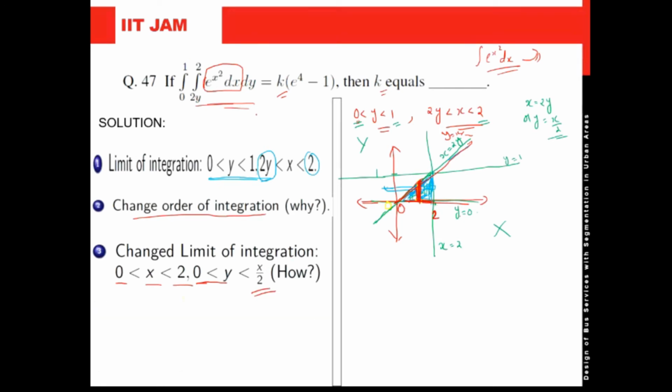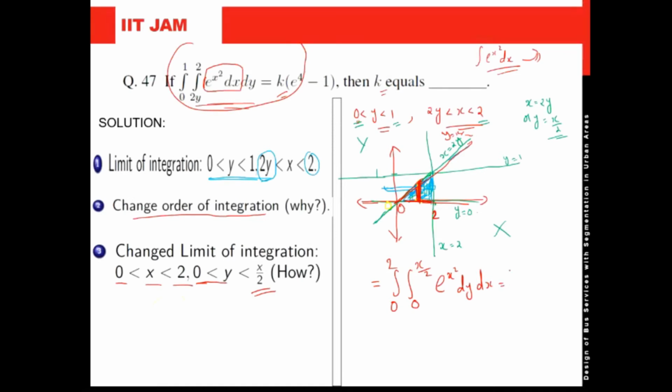So now we will integrate this. By changing the limits, this integral equals the double integral over x from 0 to 2, y from 0 to x by 2, of e raised to x square dy dx.